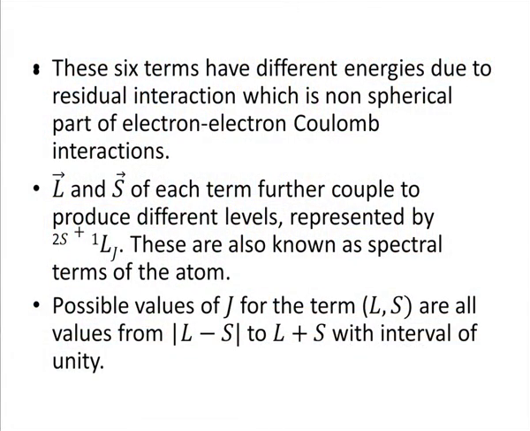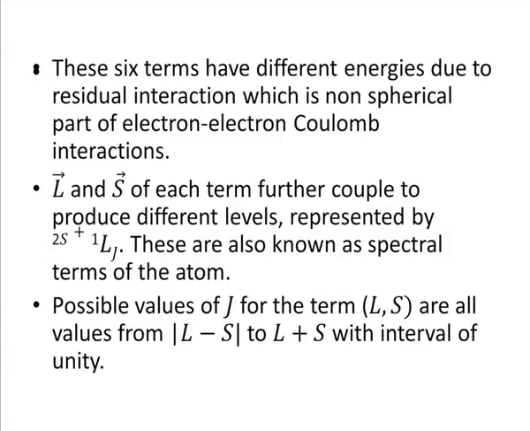So, you see 2S+1 L_J is a spectral term. You see the particular way we write. The capital L is indicating the orbital angular momentum value, capital J is indicating total angular momentum and 2S plus 1 represents the spin value. So, 2S+1 L_J is a spectral term for the atom.